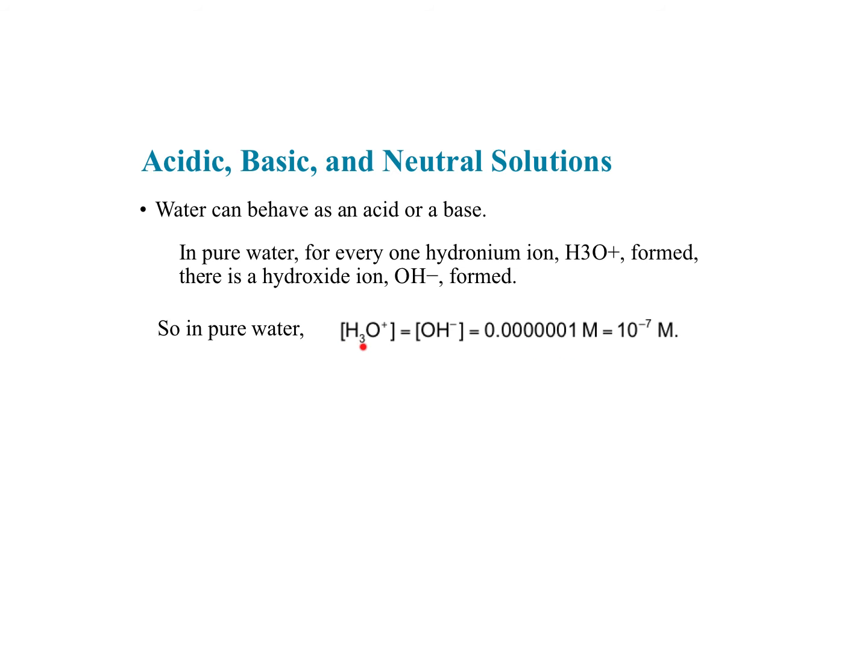Now, you can see I've got the hydronium ion H3O+ and the hydroxide ion OH-, and they're in brackets. The brackets just mean concentration of. And so the concentration of the hydronium ions is equal to the concentration of the hydroxide ions, which is equal to 0.000001 moles per liter, or 10 to the minus 7 moles per liter.